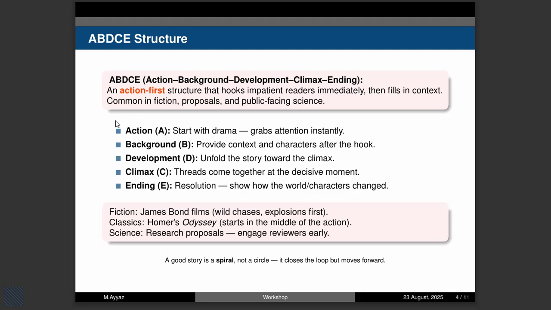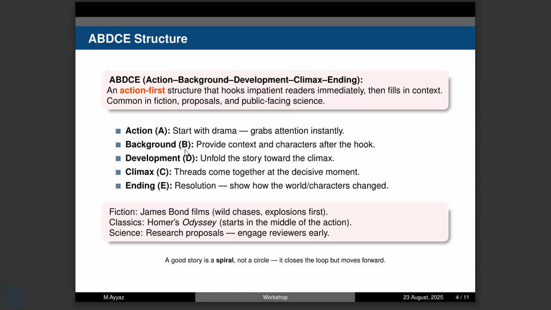In this structure, we want the action to be our most prominent element, and we start our story with the action. It gives instant drama and excitement to the audience, so the audience can be engaged through the whole story.